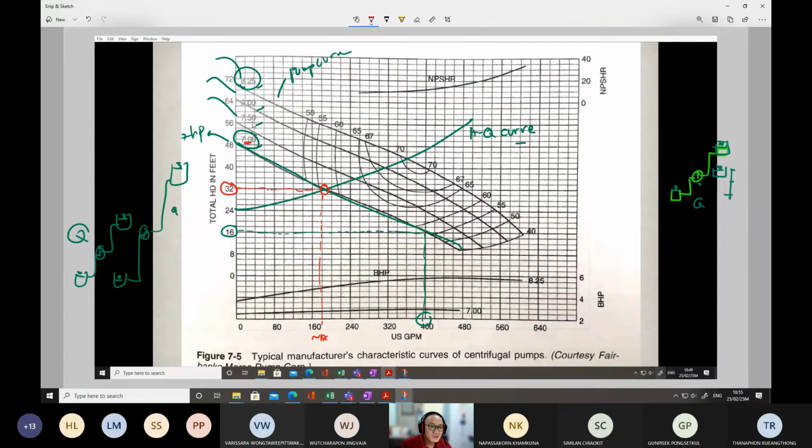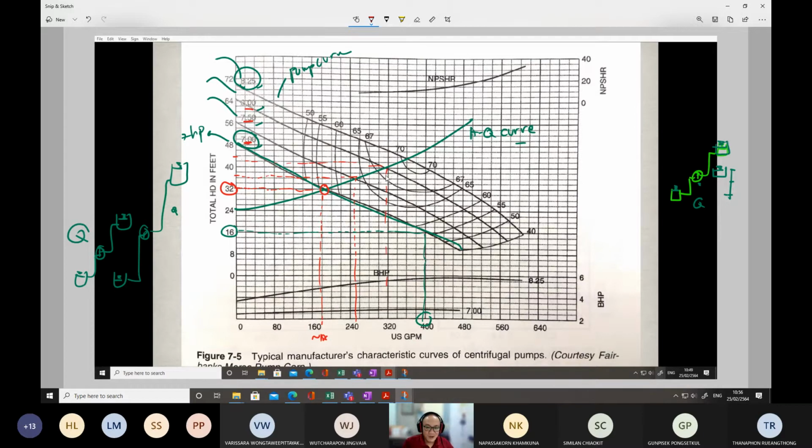But if you choose 7.5, you will get a larger flow rate and also a higher head. If you select this one, you will also get a larger flow rate and a little bit higher head. It depends on the flow rates we require.